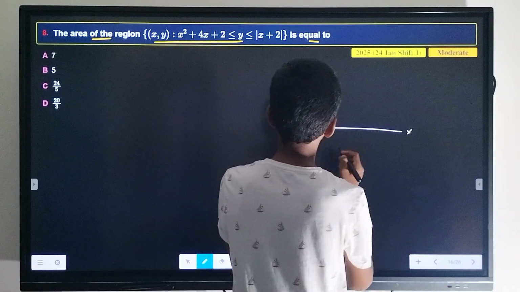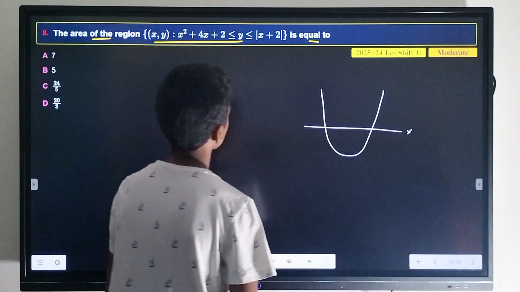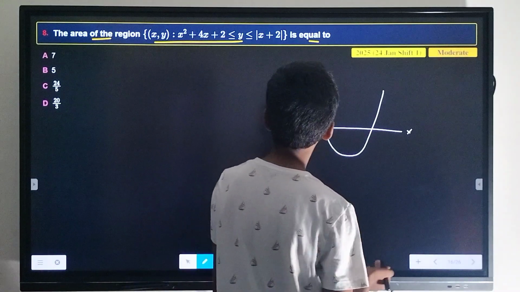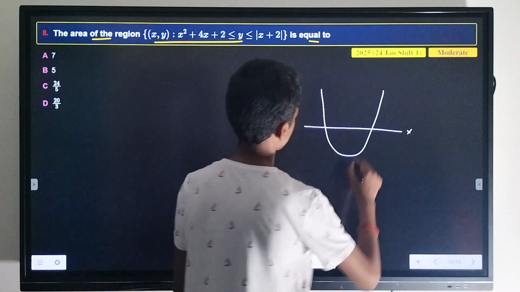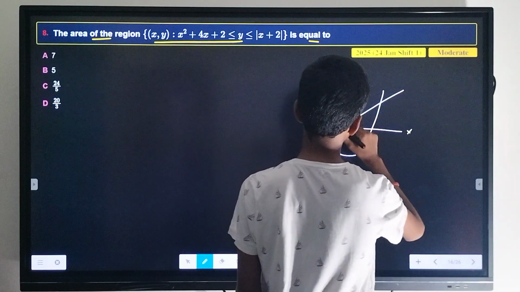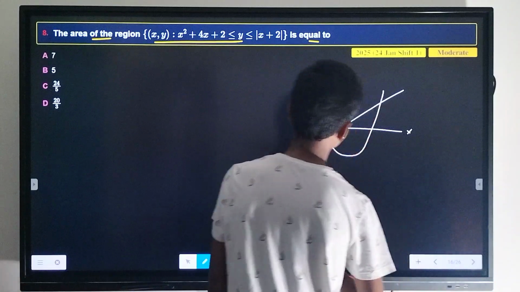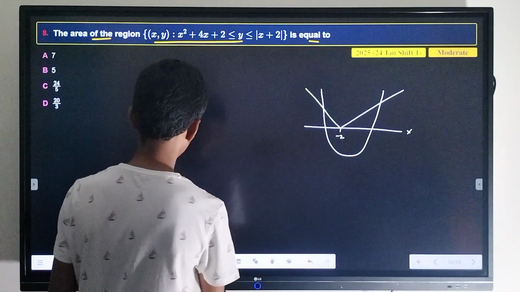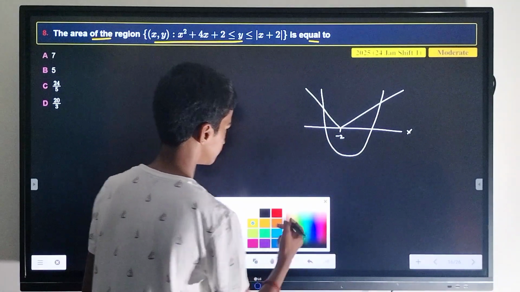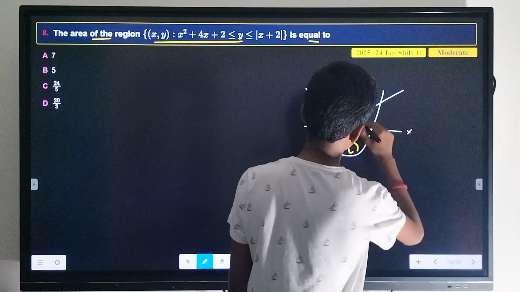It will have two roots, so it would be like this. And y is equal to modulus of x plus 2, it will be like this, at minus 2. Now here we need to find the area of this region.